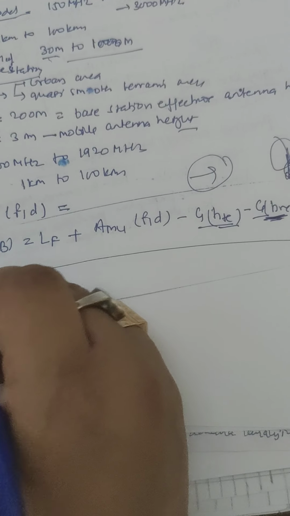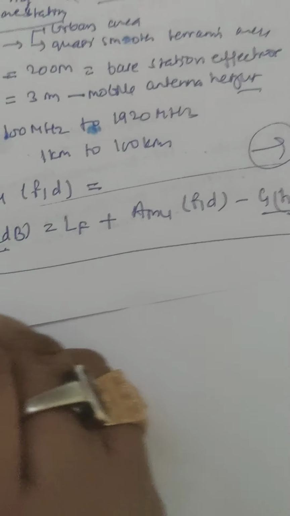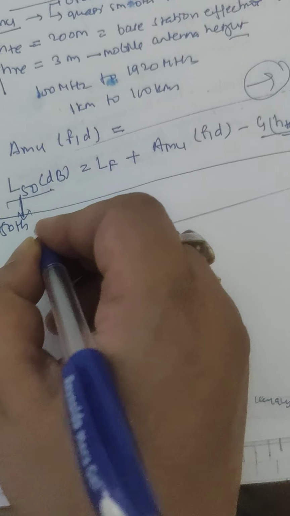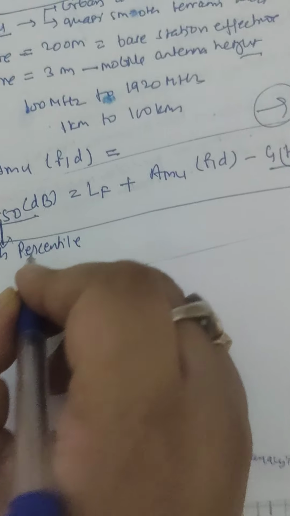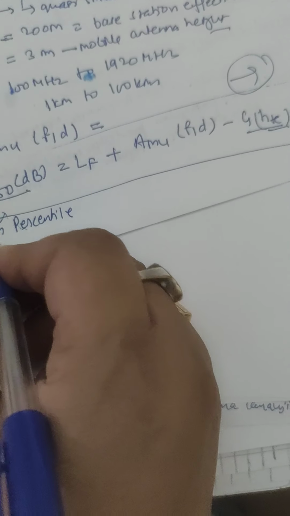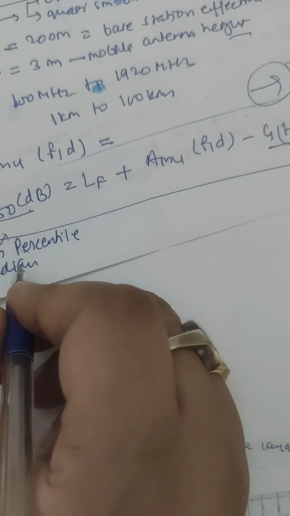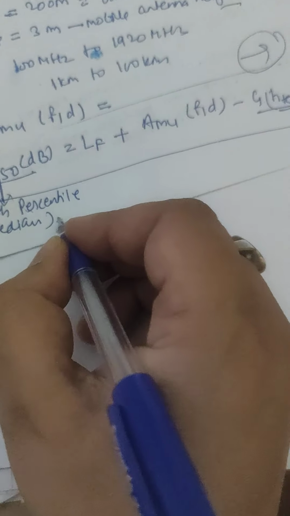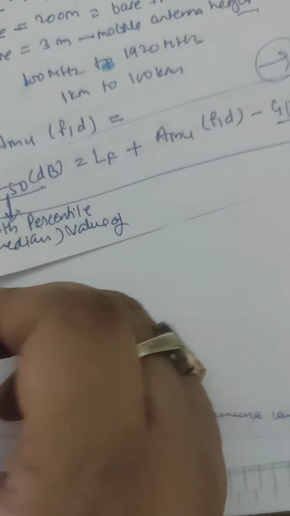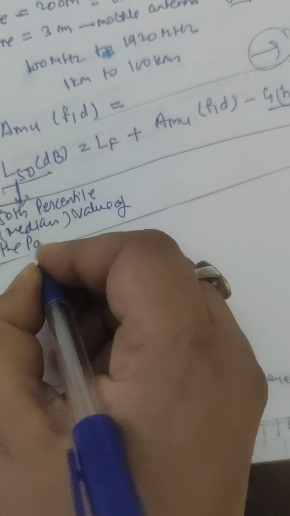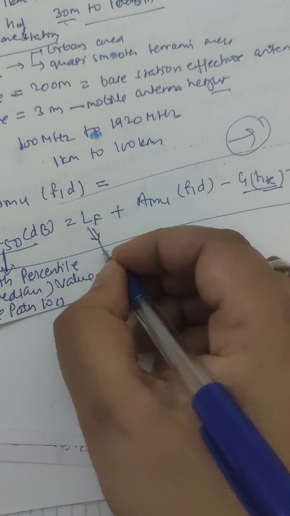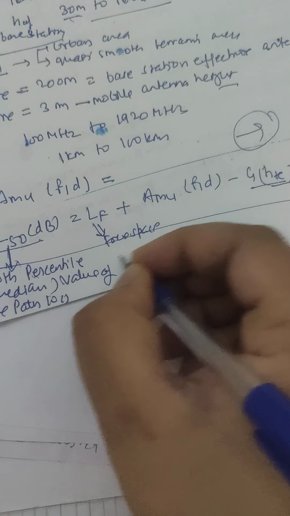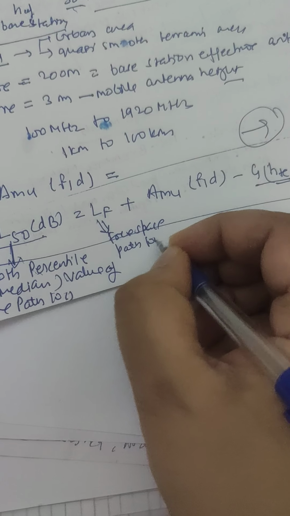So the first term, which is written as L50 dB, is known as the 50th percentile, the median value of the path loss, and LF is nothing but the free space path loss.